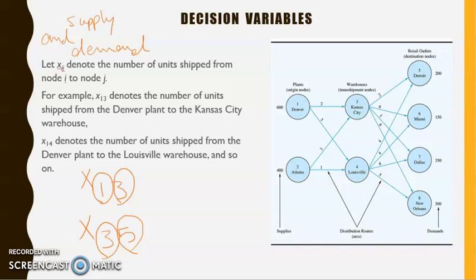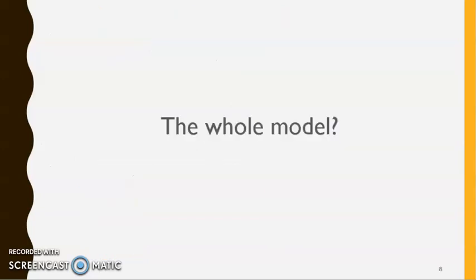You already have the decision variables. You already have the constraints. The only part you need to add to get the whole model is the objective function. So pause the video here and try to write it down yourself and enjoy your dominance of the concept. Good luck.